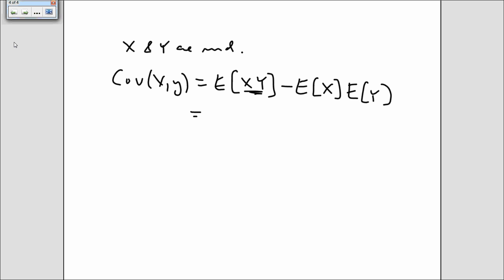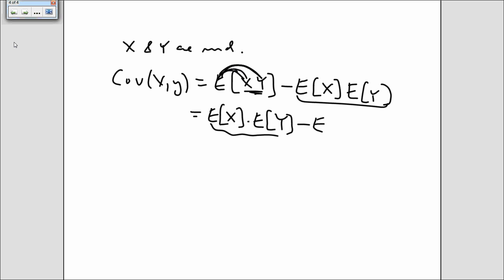Since x and y are independent, the E of a product of independent random variables is just the product of the E's of the random variables, E of x times E of y. But look, that's exactly what I happen to be taking away. And even if I don't know what E of x times E of y is, I know one thing: if I take it away, I don't have to know what it is. The difference is 0.